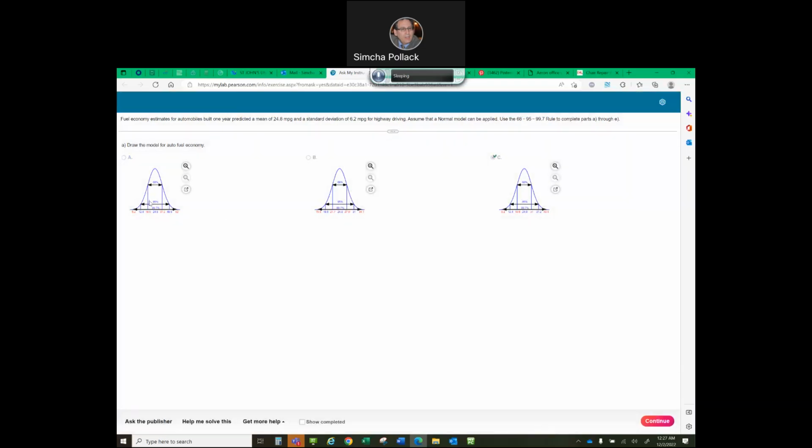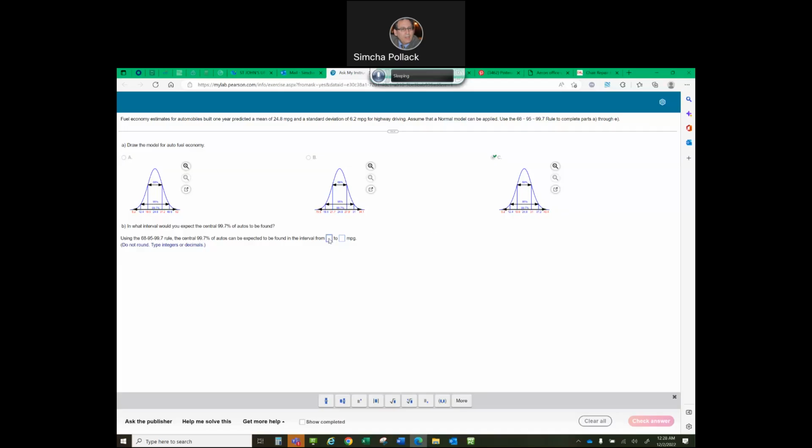Okay, now using that logic, what interval do we expect 99.7% to be? Well, they actually give it to us here. This is from here to here is 95%, and from 6.2 to 43.4.